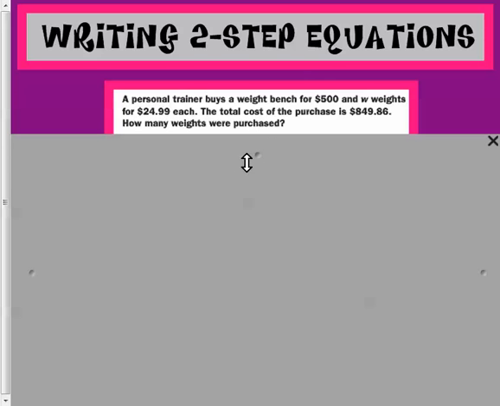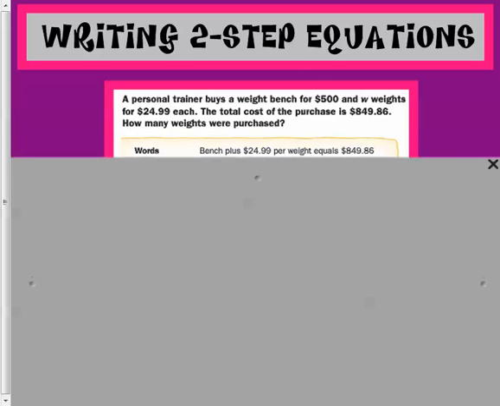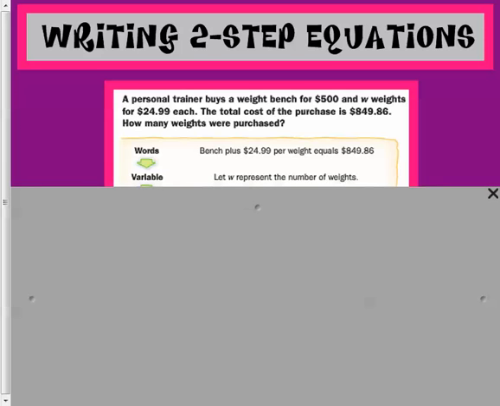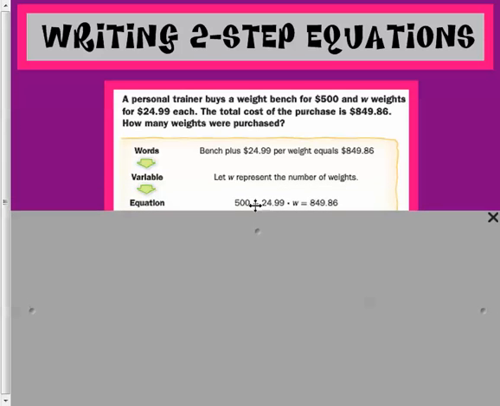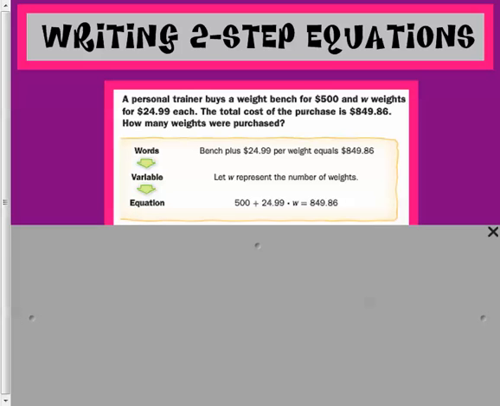Okay, so the first step is to figure out what you're doing with this bench. It's the bench plus the weights. And if you don't know the weights, then let's use W for them. So we've got our bench, which is $500, and then each weight is our W times $24.99. So there's our equation.